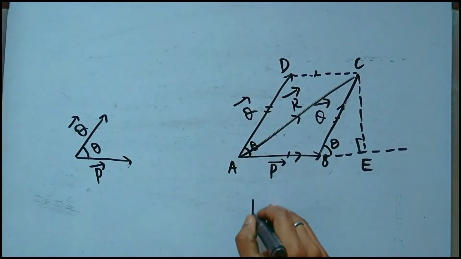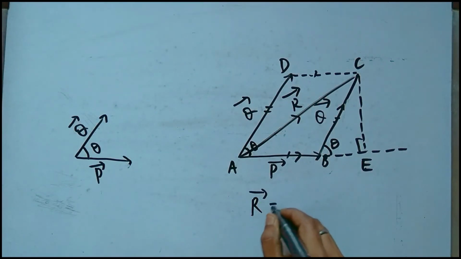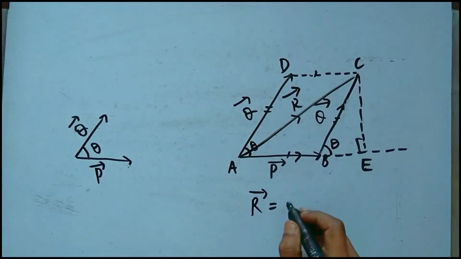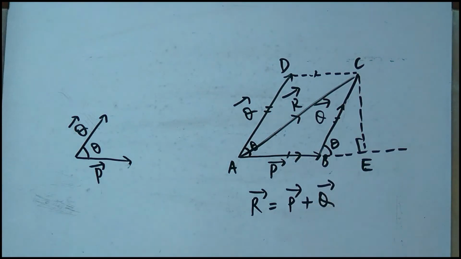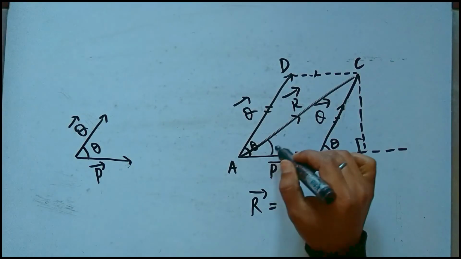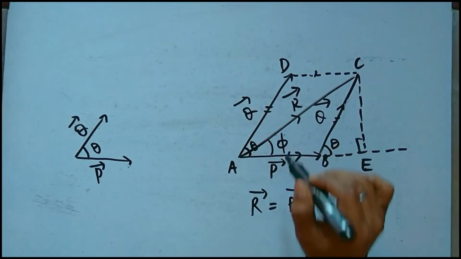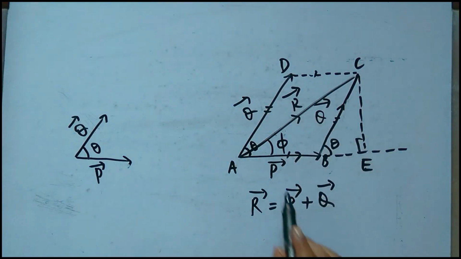So here resultant R is equal to vector P plus vector Q. Let phi be the angle made by resultant with vector P.